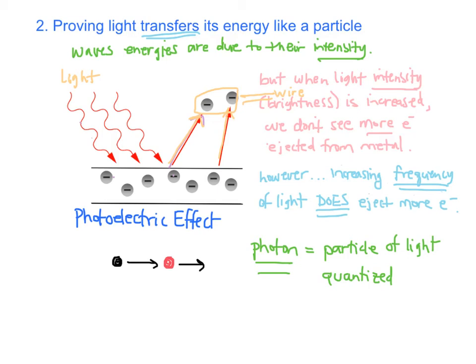So whether they're a microwave or an ultraviolet ray or the different colors of light like red, orange, yellow, green, blue, indigo, or violet, those all have different quantized amounts of energy because they're different kinds of photons.